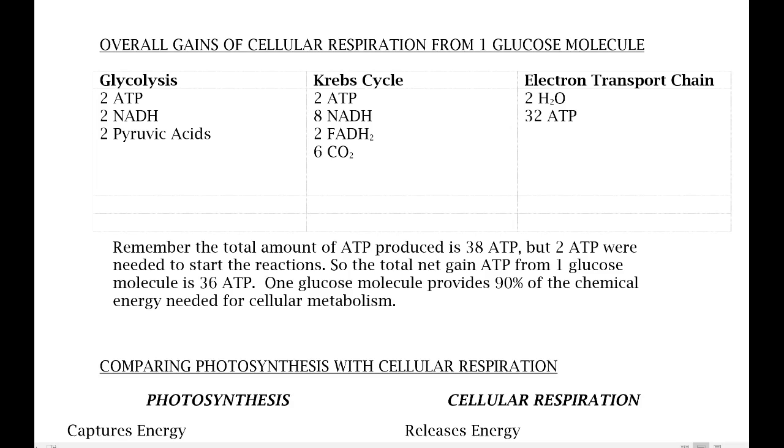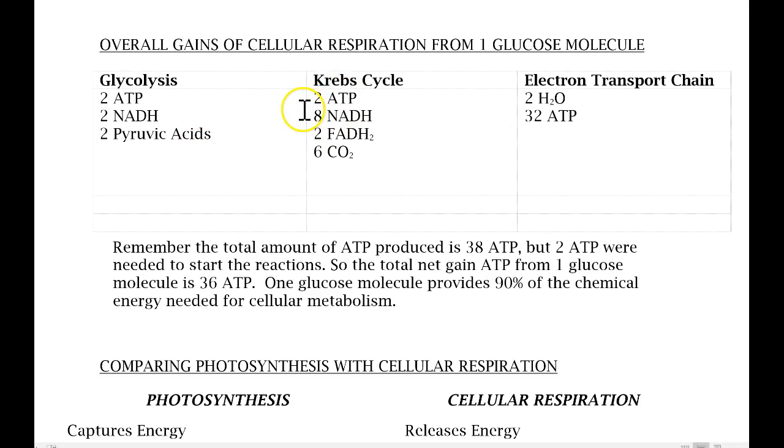So now at the end of cellular respiration, let's break all of this down and see what our overall gains are as far as ATP is concerned and the other energy molecules. In glycolysis, we got 2 ATP, 2 NADH, and 2 pyruvic acids.